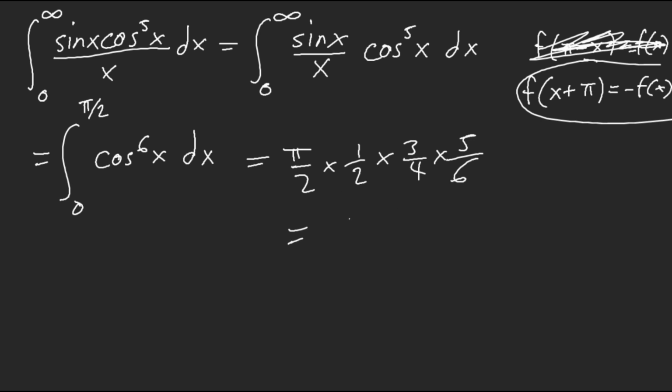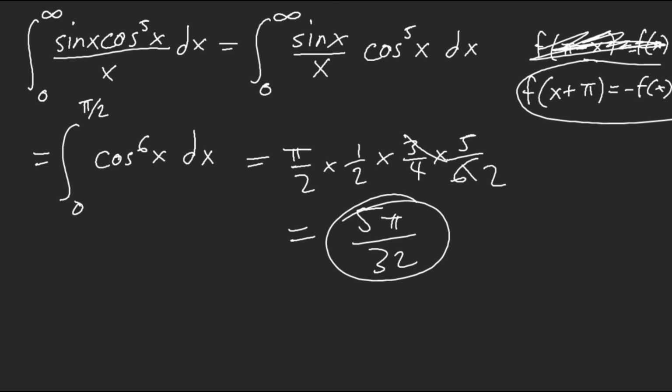This is now 15 pi over, oh, I'm sorry, that 6 has a 3, so that cancels out. So 5 pi over 32. So that is our answer. This integral is equal to 5 pi over 32.